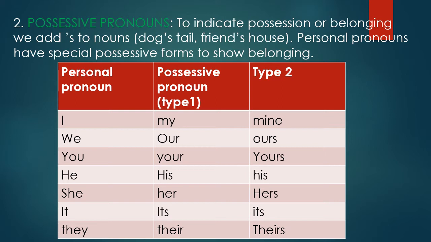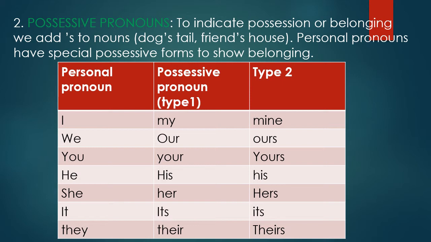Let's see how do we use them. If the personal pronoun is I, then we write my or mine to show the possession, because personal pronoun is used for some persons. And how would you show the possession or belonging? By using my or mine.